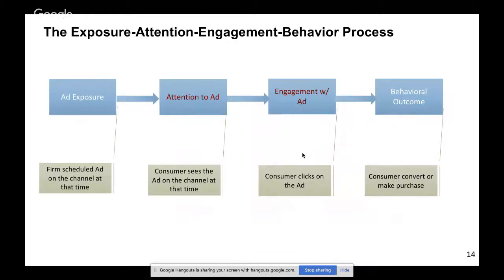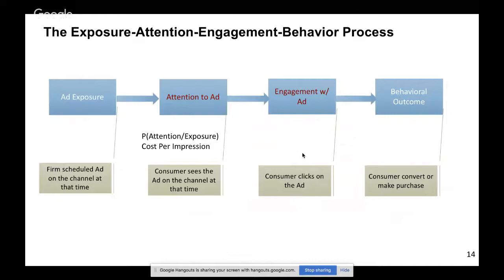First of all, when you as an advertiser schedule the ad on the channel and your target customer is visiting a publisher's website, your ad is being exposed to your audience. Then it's important to understand how much attention you get from the audience.